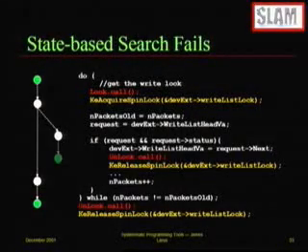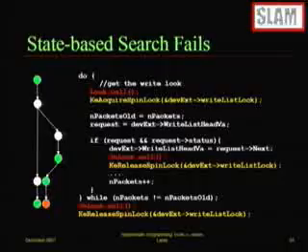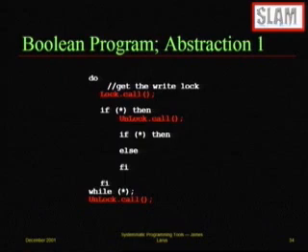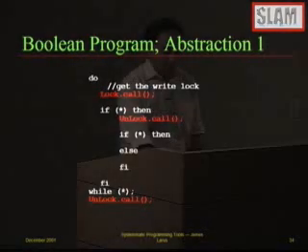So we didn't see any errors along that path. Let's track another path. Here's the path where we actually go through the if statement. We do the unlock there. We come out, and we do another unlock, and it's an error. So if we just do path-based tracking without any cognizance about whether the paths are feasible or not, we're going to find this error, which turns out to be actually a false error.